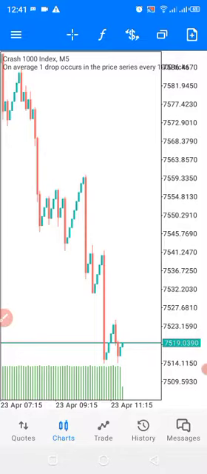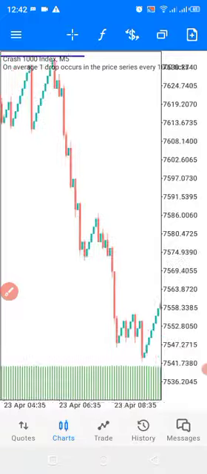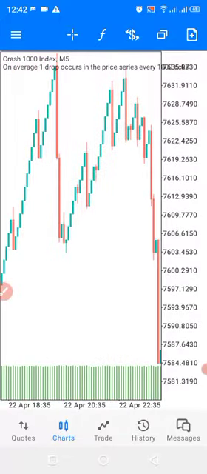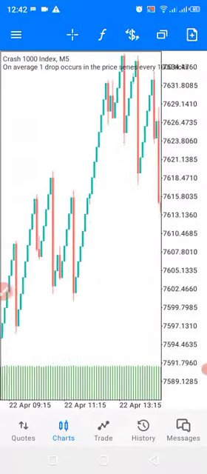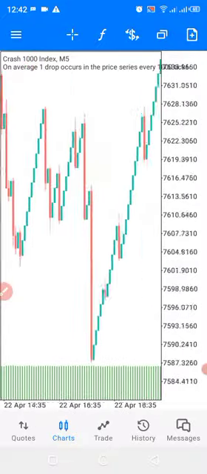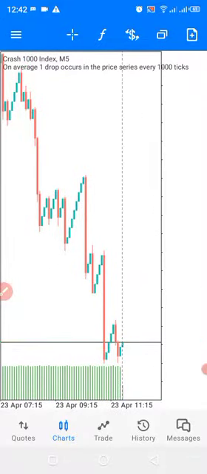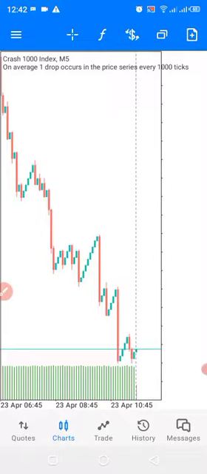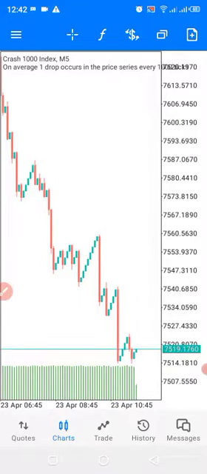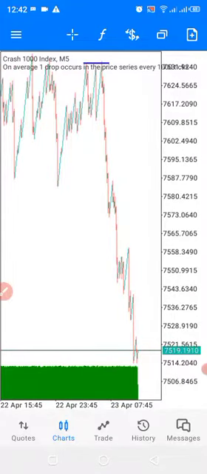Let's go to our main chart. This is Crash1000 on the 5 minutes time frame. Remember to set your zoom level. This is the first zoom level.